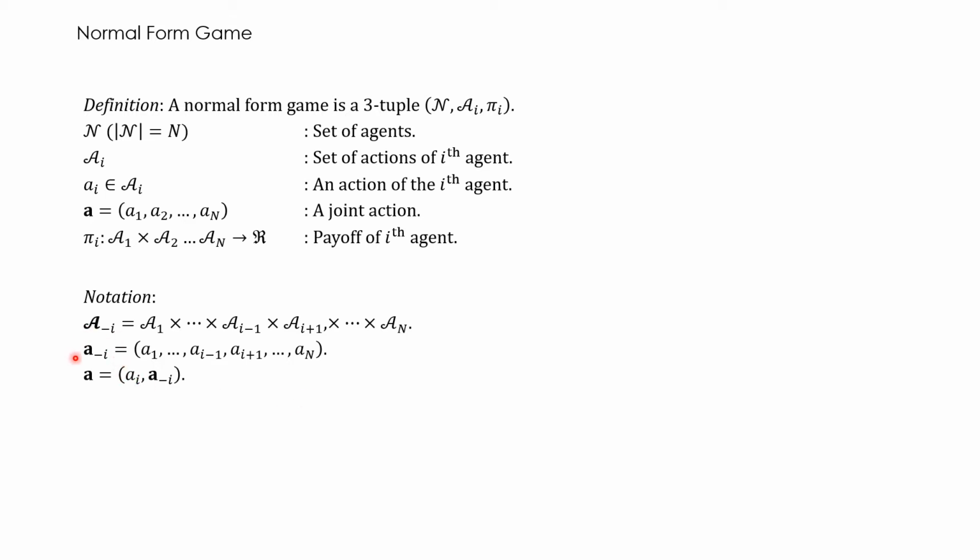And lowercase a sub negative i is any one joint action of all the opponents of agent i. And a joint action of all agents can be written as a sub i, comma a sub negative i. This is rather a deviation from the standard notation, because a sub i should be here, but I've put it right at the beginning. That's acceptable notation in game theory.